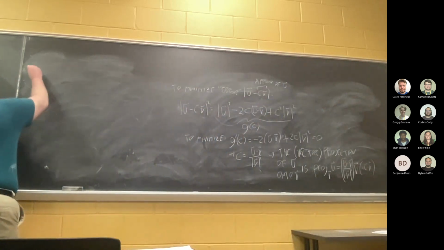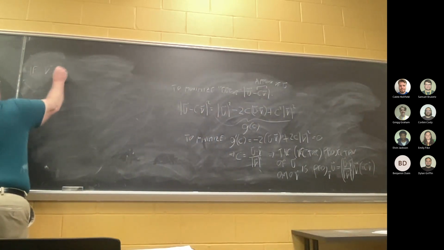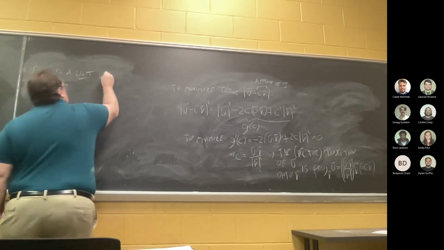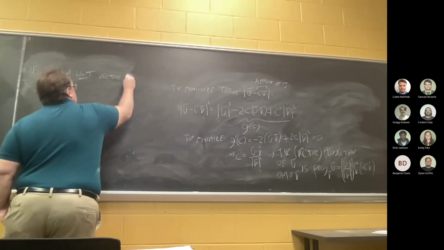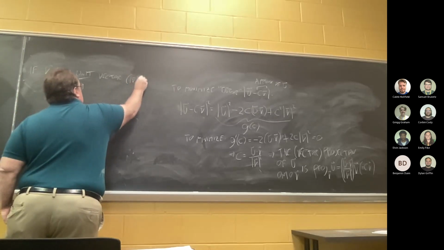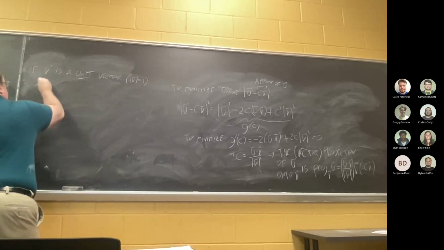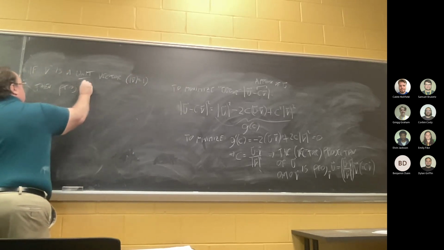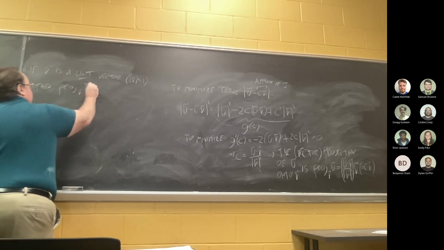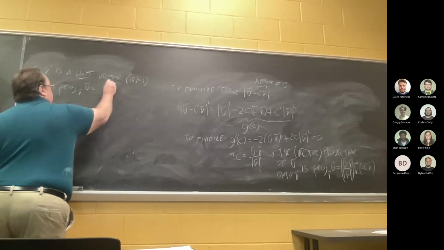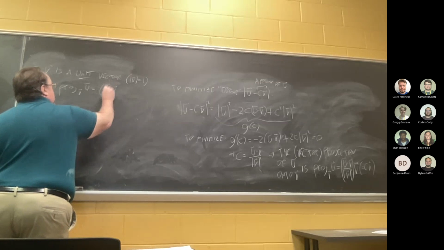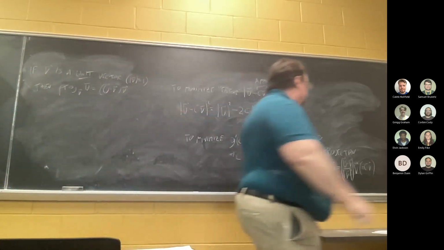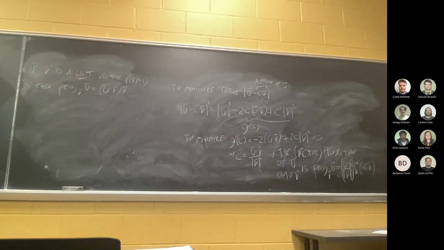I mentioned that if v is a unit vector, meaning that the magnitude of v is equal to 1, the formula simplifies a little bit. The projection of u onto v is just the dot product of u and v times v, because the magnitude of v would be 1, so there's no denominator.